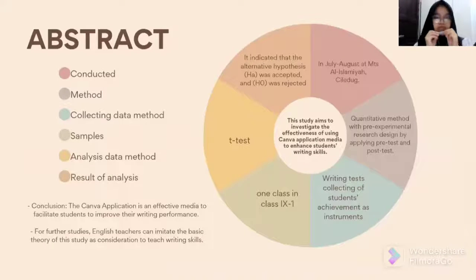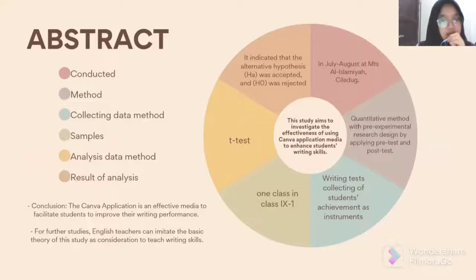Turning to the first part, the abstract. Okay, I conducted this study. This abstract contains the method, how to collect the data, the method of collecting data, the samples, and the data analysis method. The method I used is the quantitative method with pre-experimental research design, applying writing tests, and I collected the students' achievement as the instruments.